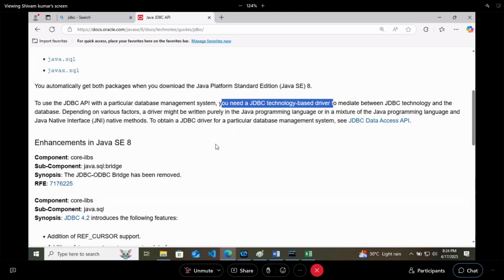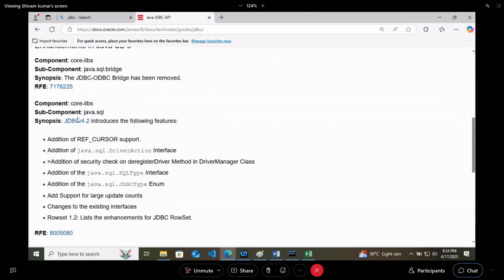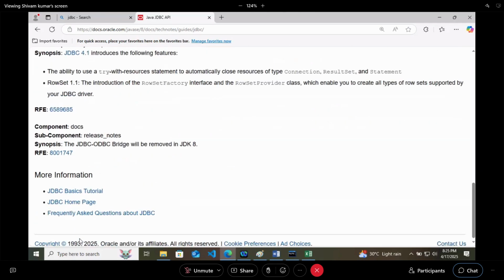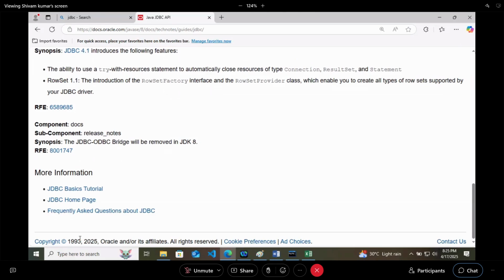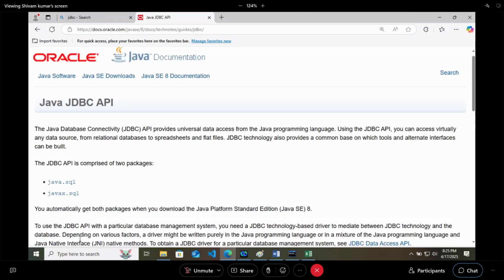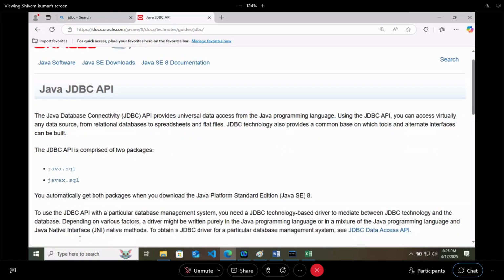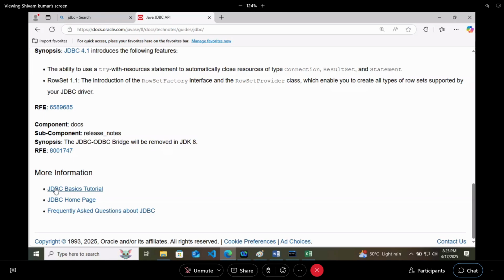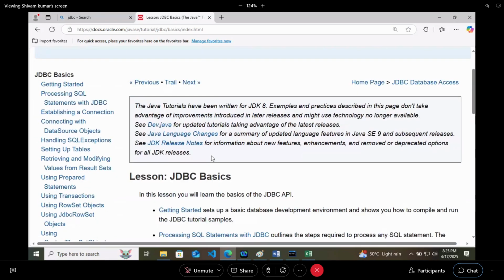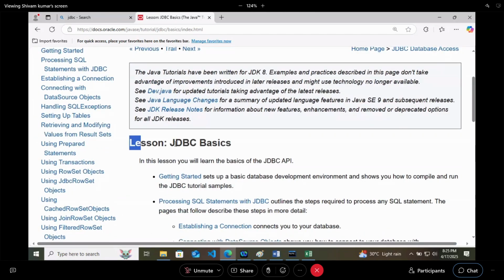If you are working with Oracle, you need the driver of Oracle. So read this till now and this is what you will get. Now that is done, but the documentation does not end here. Scroll to the bottom and here we see the JDBC basics tutorial. Open this lesson, JDBC basics.